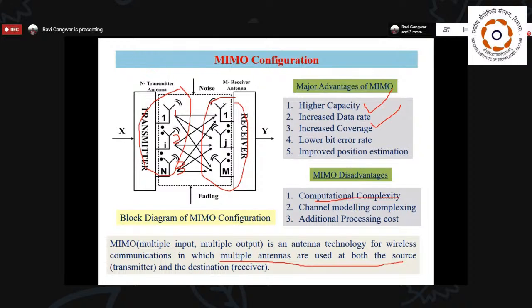At the receiver side, antenna 1 receives 3 signals, one each from antenna 1, antenna 2, and antenna 3. Similarly for antenna 2 and antenna 3. So this receiver needs the capability to process 9 signals at the same time. That means the complexity of the receiver increases, and when the complexity increases, the processing cost increases. That's why there is a major disadvantage with this kind of system.